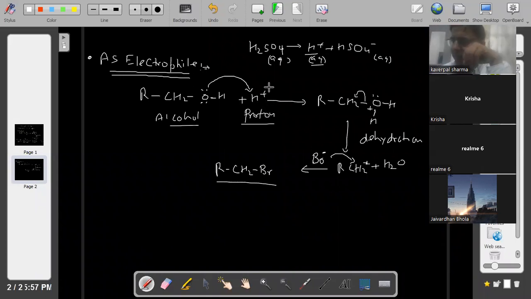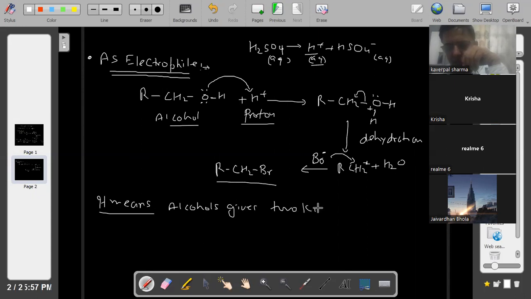Now, the question arises here: reactions involving cleavage of the OH bond. It means alcohols give two kinds of reactions.